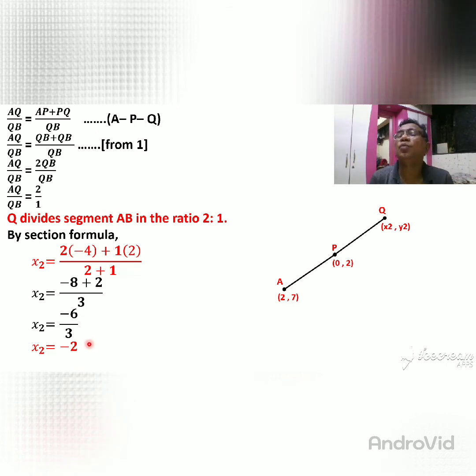Then you want to find out y2. Again you use the section formula and the ratio is the same, m is equal to 2 and n is equal to 1. So by the section formula we find y2. y2 is equal to (m y2 plus n y1) divided by 2 plus 1. M is equal to 2, here is minus 8, then this is plus 7. 2 plus 1 is 3. 8 2s are 16.